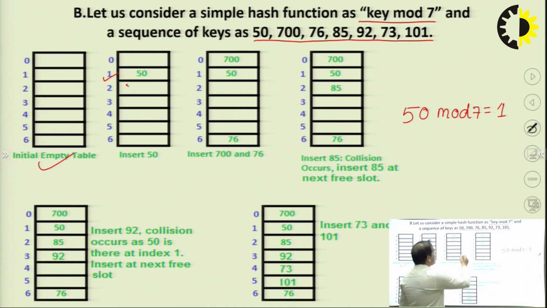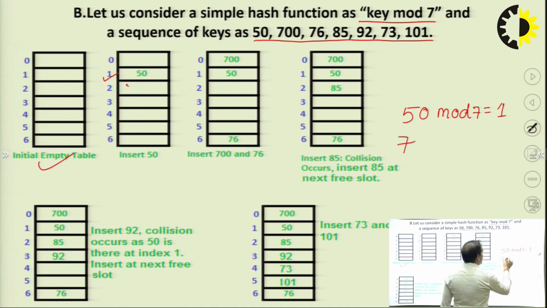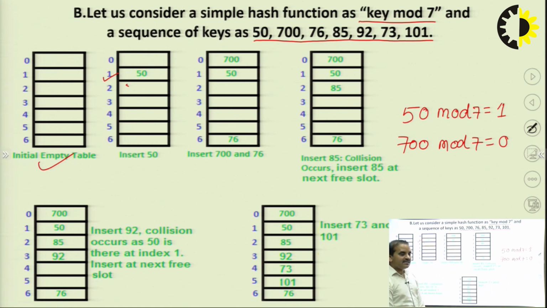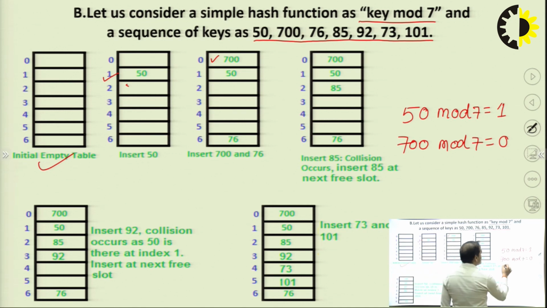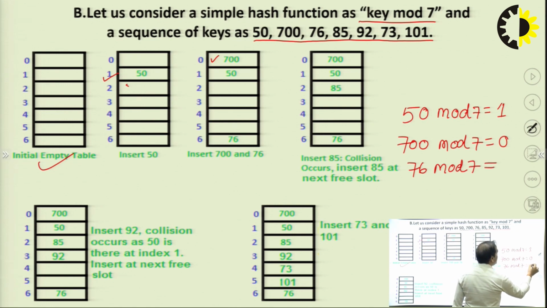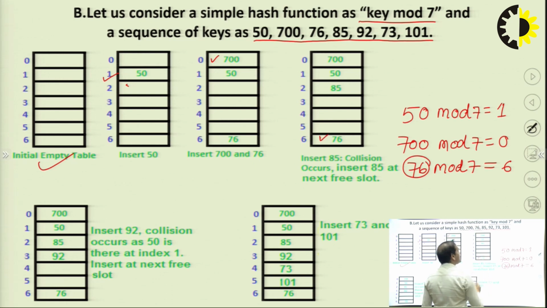Now the next element is 700. We compute 700 mod 7. The output will be 0, so we put 700 at position 0. Now 76 mod 7. The output will be 6, so 76 is stored at location 6.